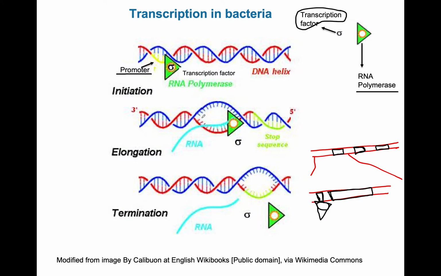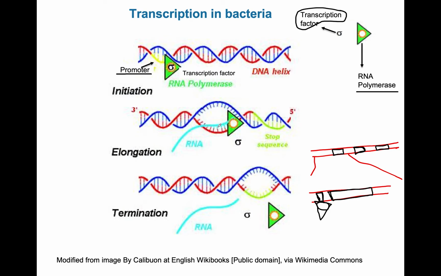Now, unlike replication, where DNA polymerase would need a separate molecule like helicase in order to open up the DNA, RNA polymerase doesn't need that. It can do that on its own. So RNA polymerase comes in, opens up the DNA and starts making a copy of the sequence of DNA. And the principle is basically the same.